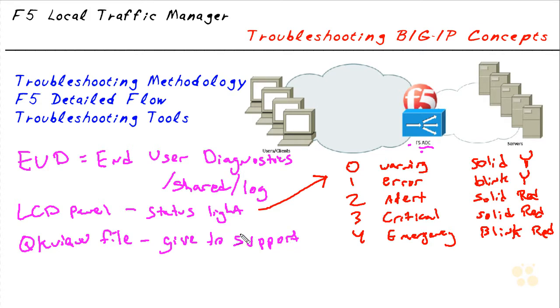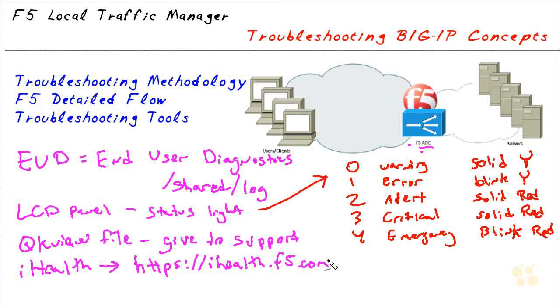The other thing that's really helpful, and you can do some of this yourself by the way, is a feature called iHealth. Not to be confused with Obamacare or anything fun like that, but iHealth you can get to on the web at iHealth.f5.com.